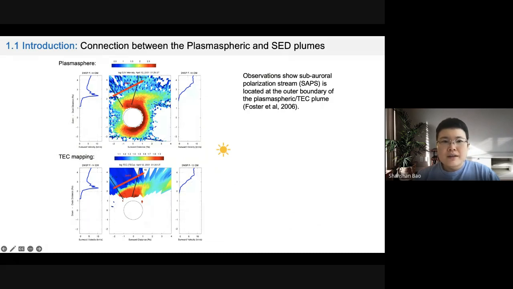They find that at the west edge of the plasmasphere as well as the TEC, they find this velocity peak identified as a subauroral polarization stream. So this indicates SAPs may be related to this plume development.